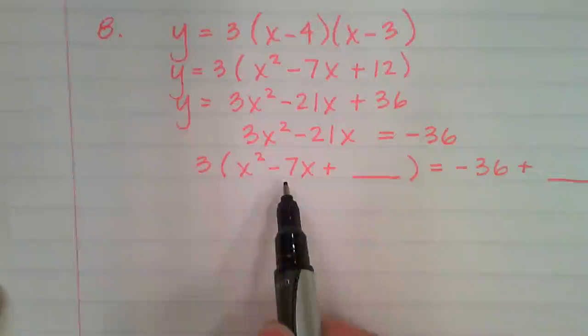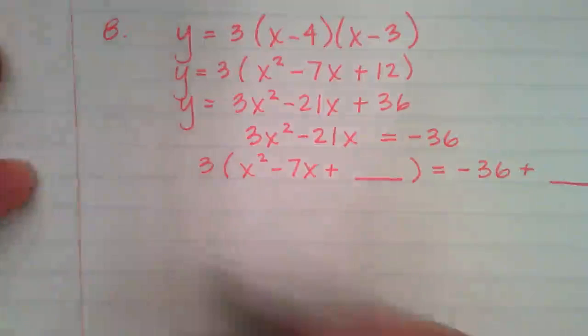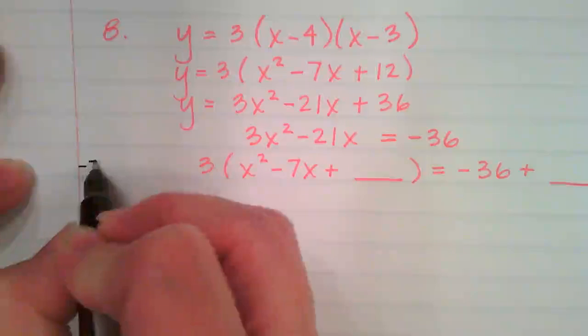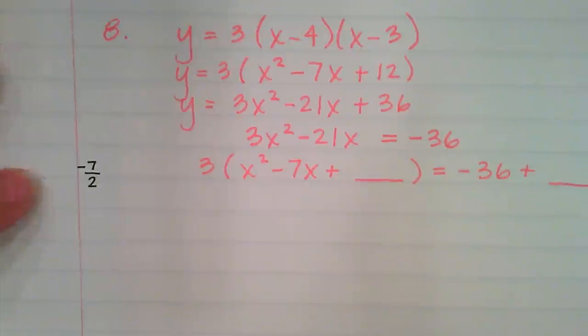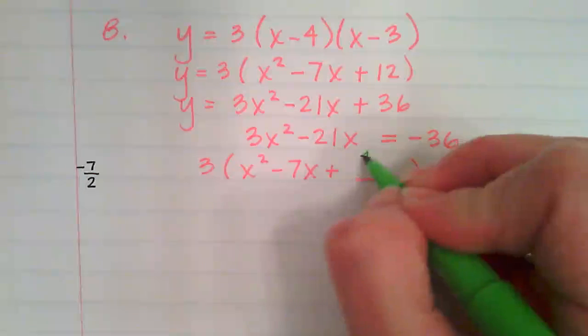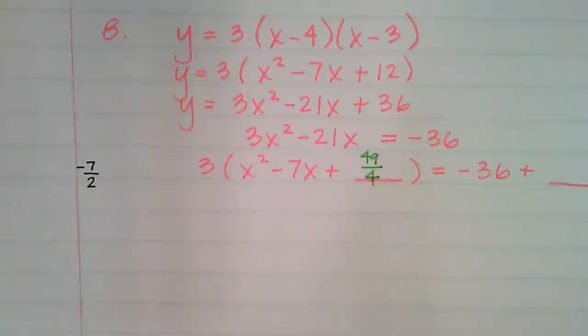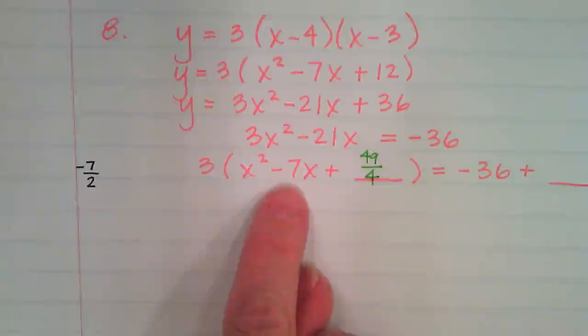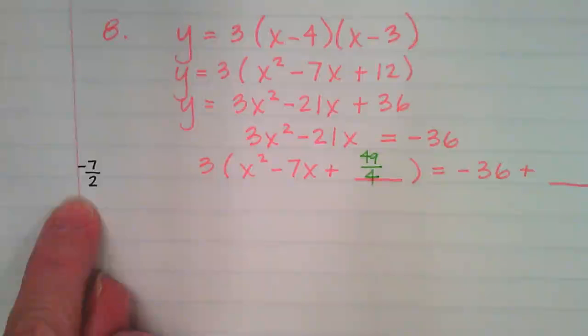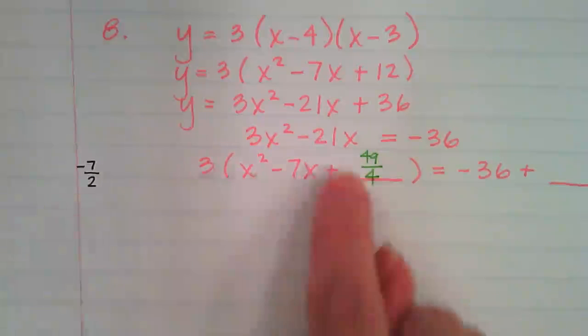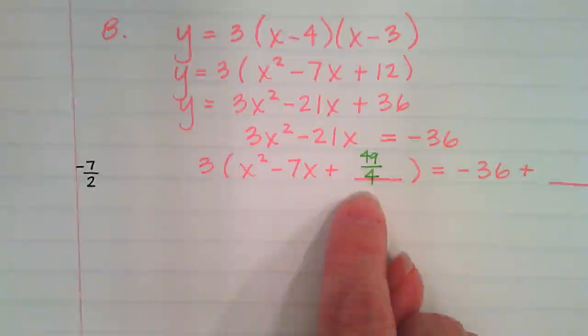Okay, so I need half of negative 7. Well, half of negative 7 would be negative 7 over 2. And that squared would be 49 over 4. Okay, so half of this number is negative 7 over 2, and negative 7 over 2 squared is going to be 49 over 4.